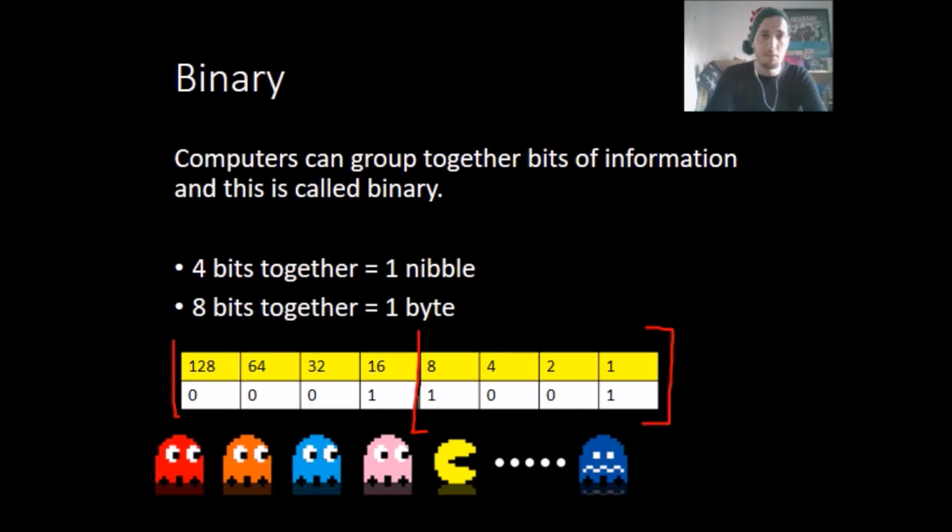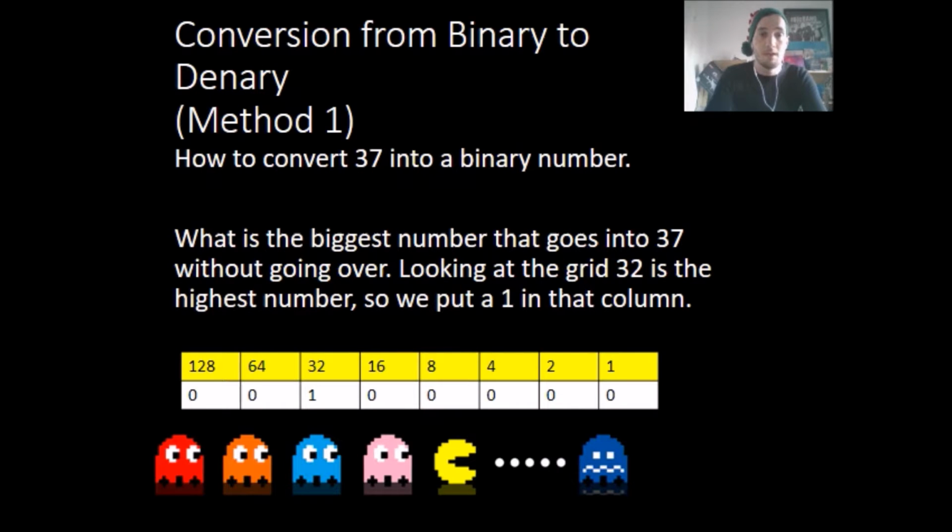So it's pretty straightforward. Now, to convert from binary to denary, or denary, depending on how you pronounce it, you can convert it quite easily. If I had to make the number 37, I would most likely need to use a byte of information, or 6 bits. I would need to turn on the 32, and then I would need to turn on the 4.